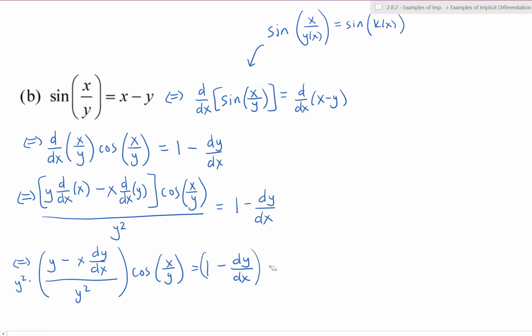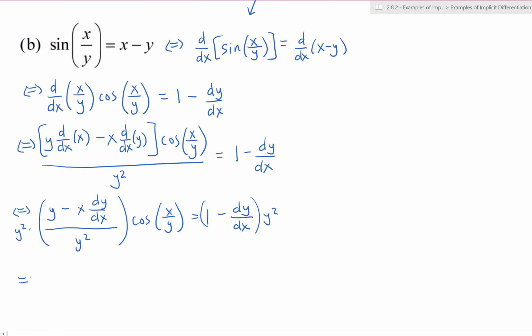If I do that, then the left-hand side will be y minus x dy/dx, all of that times cosine of x divided by y. And I'm going to distribute the y squared on the right-hand side and get y squared minus y squared dy/dx.